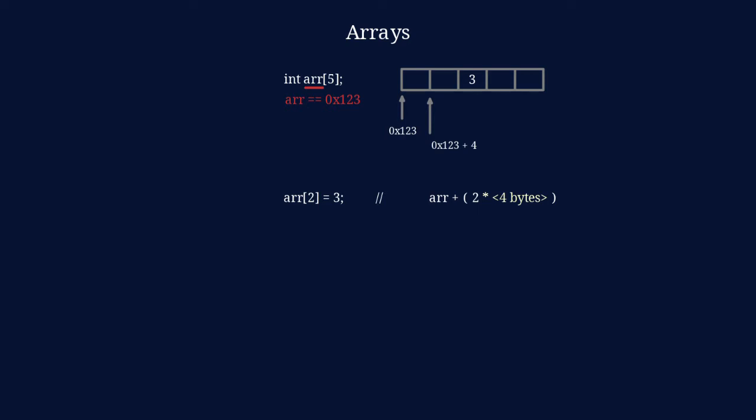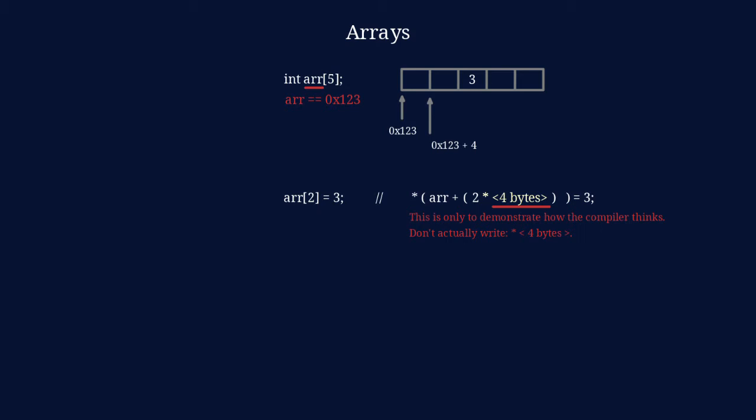So it's going to take the address that the array is pointing to, add 8 bytes, and that's what it's going to use as the address, the location where it's going to change the value, and that will be set to 3.